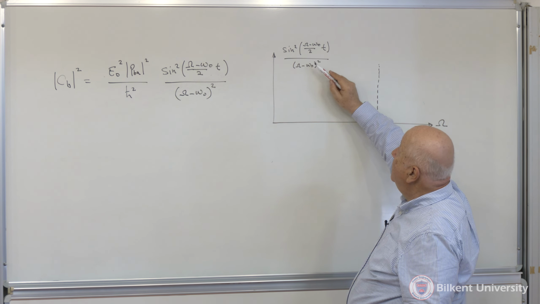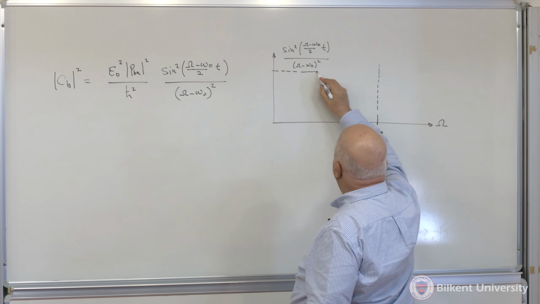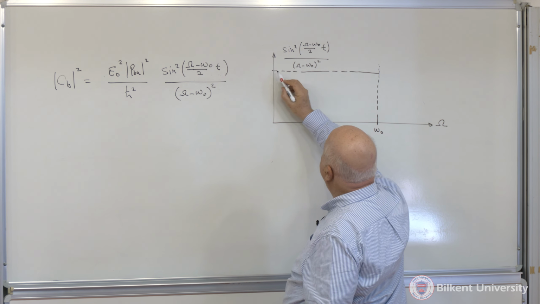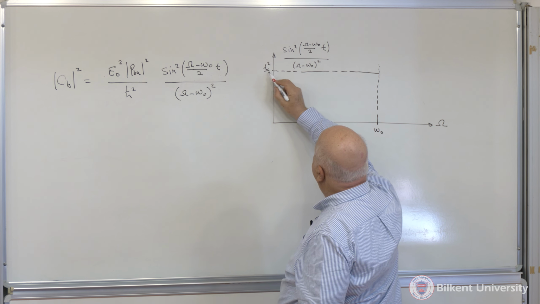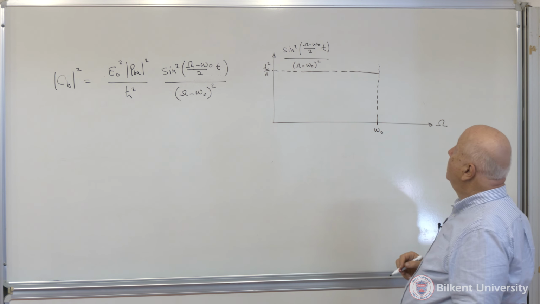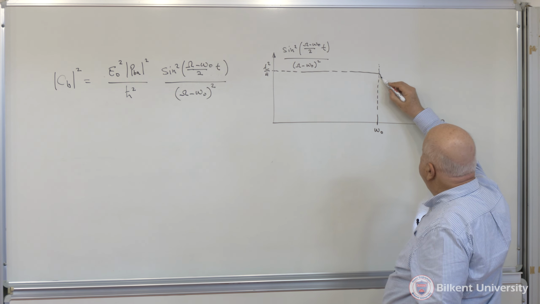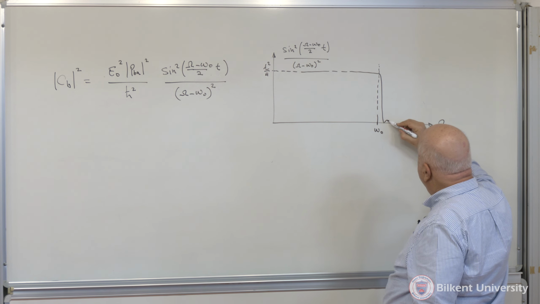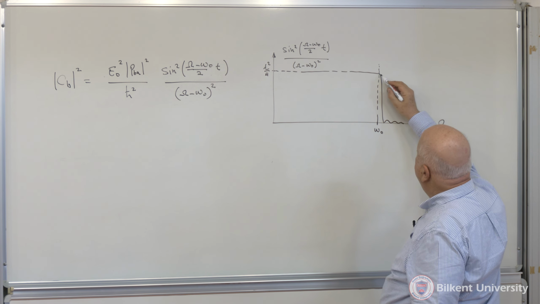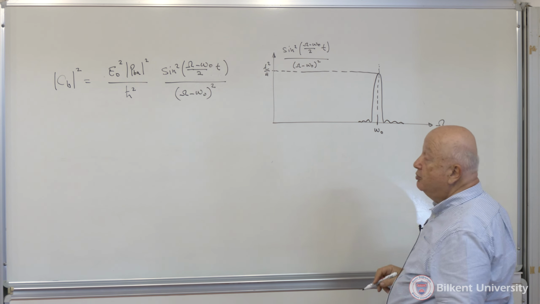So those are going to cancel. So I'm going to get t squared over 4. But at other points, it's going to decay. So it's a sine squared function. It's always going to be positive. So I'm going to get something which looks like this.